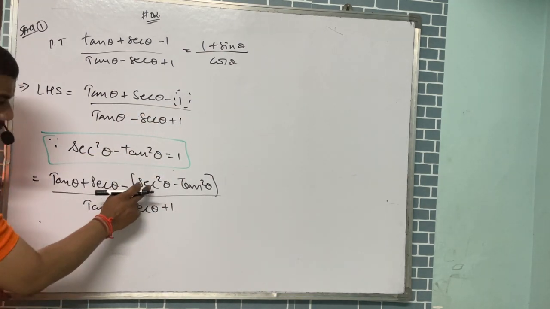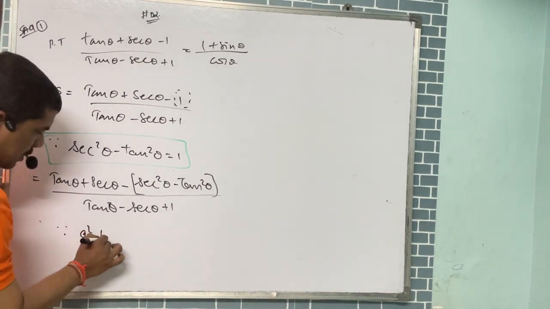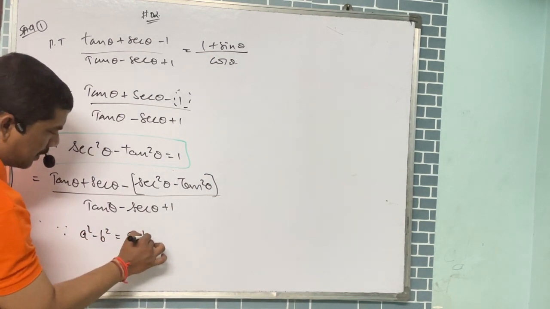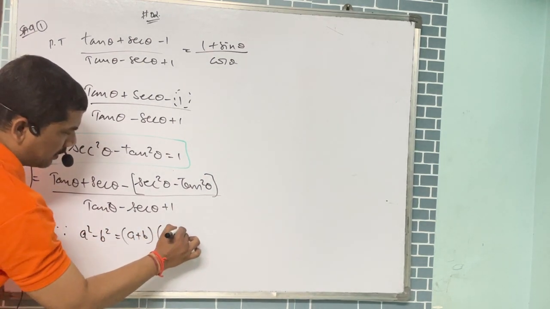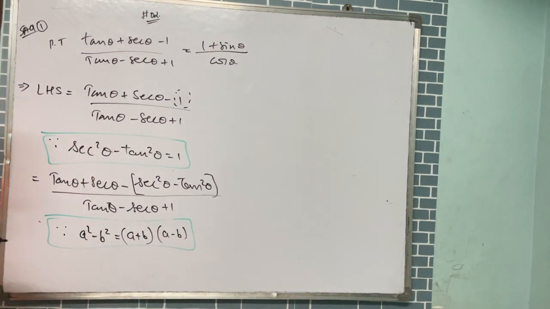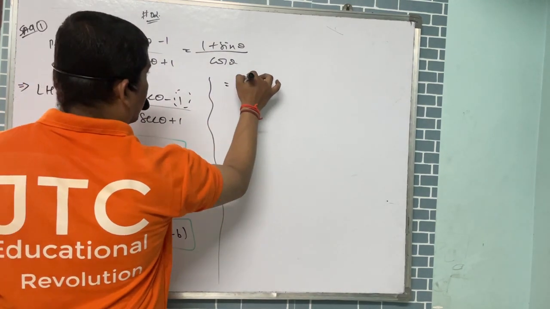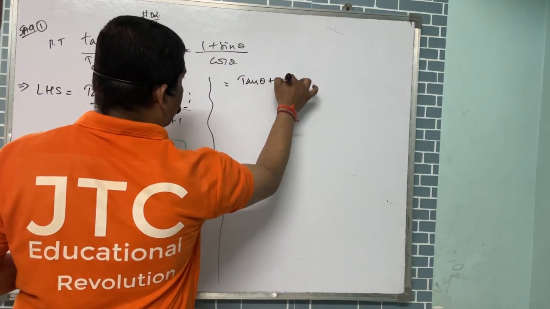Now it is in the form a square minus b square. A square minus b square can be written as a plus b into a minus b. Isn't it? So I am writing that in the next part. Tan theta plus secant theta as it is.